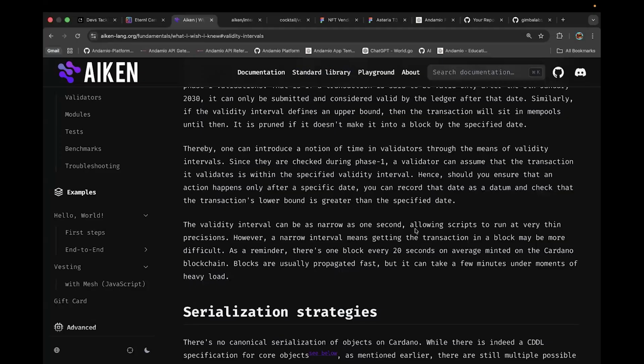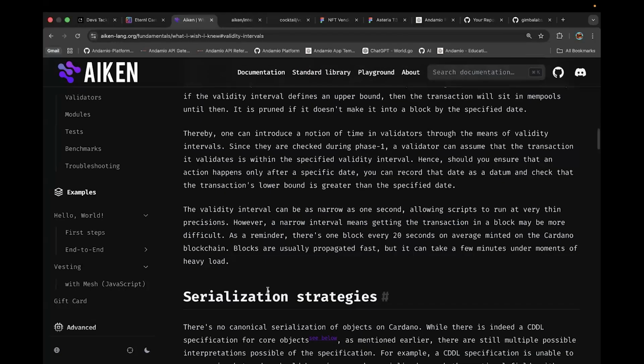However, a narrow interval means getting the transaction in a block may be more difficult. Okay, makes sense. As a reminder, there is one block every 20 seconds on average minted on the Cardano blockchain. Blocks are usually propagated fast, but it can take a few minutes under movements of heavy load.